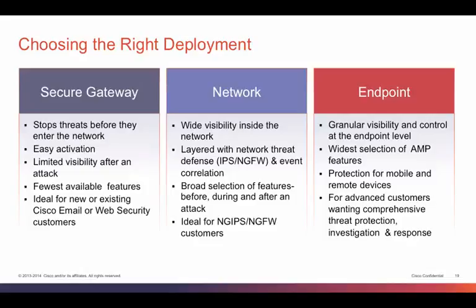If the customer is looking for wider visibility as far as what's going on in their network and wants the ability to layer defenses and correlate events between a network attack and the actual payload, then we'll probably talk about the network solution with the next gen IPS, next gen firewall. But of course, if we're talking with folks who are looking for that granular visibility and the ability to protect their mobile and remote devices, we're definitely going to be talking about the endpoint piece.